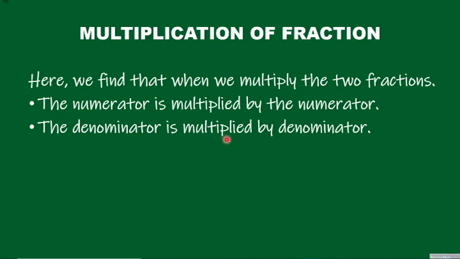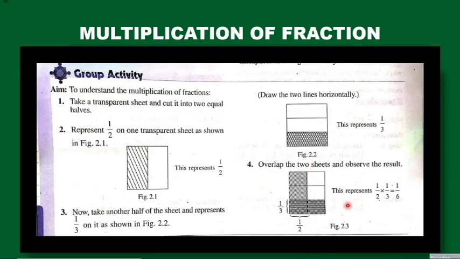Let's check it once again. See here, 1 multiplied by 1 equals 1, and 2 times 3 is 6. So with the help of this activity we get this answer, 1 by 6. If you multiply numerator with numerator and denominator with denominator, you get the same answer.